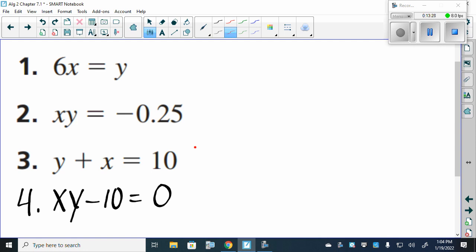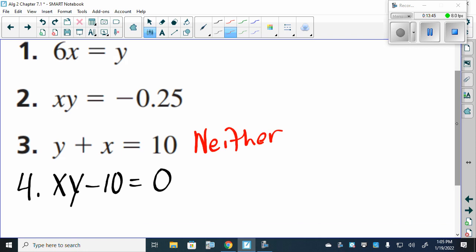I would agree. Neither, neither. And maybe 4, does it equal 0? 3 is the only one that is neither. 3 is the only one that is not direct or inverse.